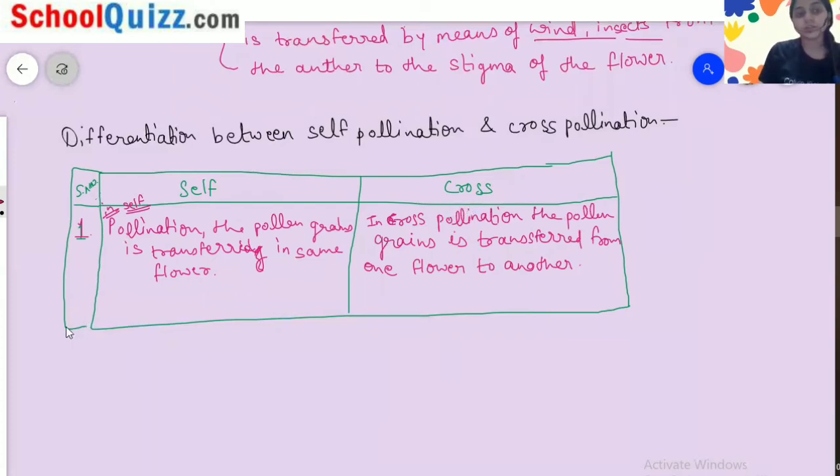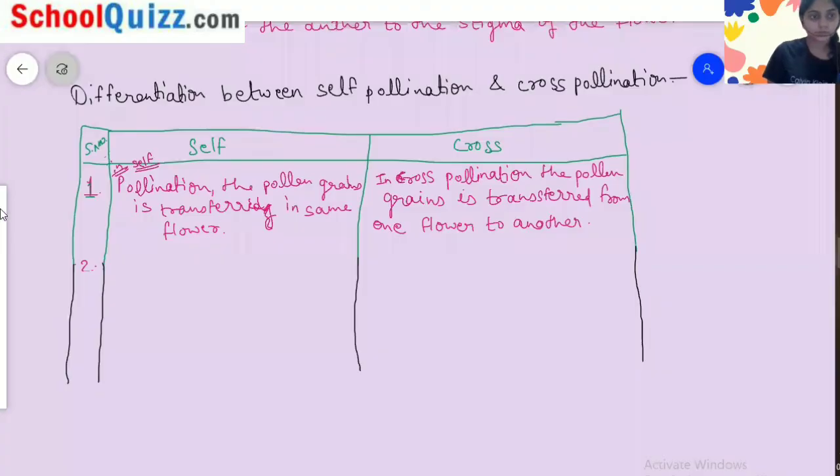Now you will write the most important thing in the self pollination and the most important thing in the cross pollination. So what is the most important thing in the self pollination? See, the two important points you can write, like I am telling you, you can write either of one.